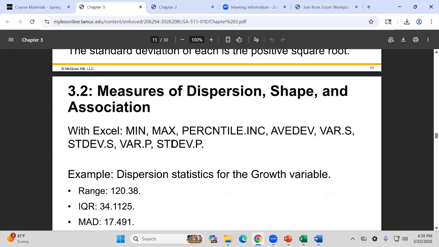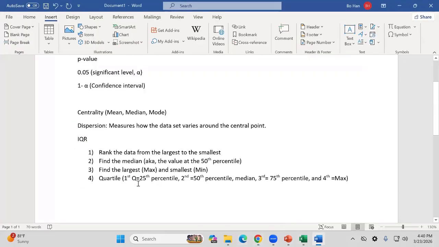Here, this PowerPoint shows you some Excel functions, right? You can use min to calculate the smallest value of the data set, max, percentile, right? I don't think Excel has a quartile function. But as long as you understand the relationship between percentile and quartile, you can calculate quartile values as well, right? Because the first quartile equals the value of the 25th percentile, and so on.